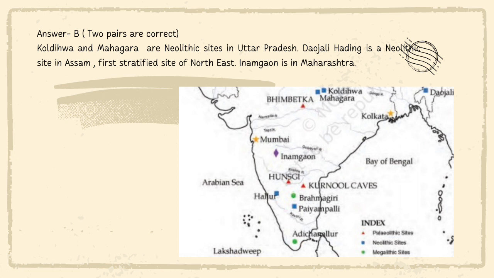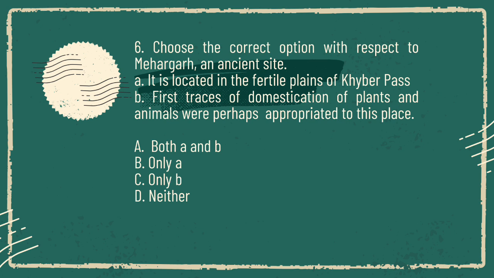There are certain weird names which can be located at locations where you would have not anticipated them to be. So this one, Daojali Hading, it sounds like something from the northeast. From the sound itself you can understand कि कुछ तो northeast का ही ये region है. Then Inamgaon, ठीक है.